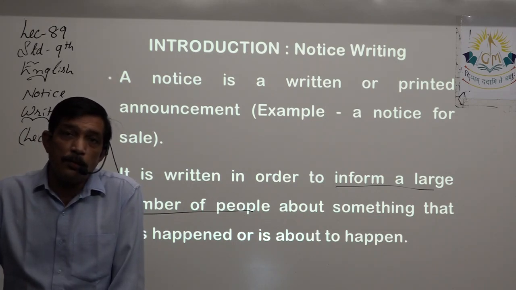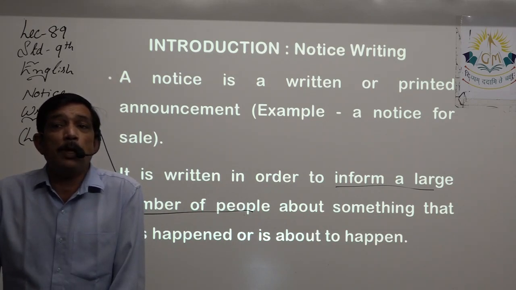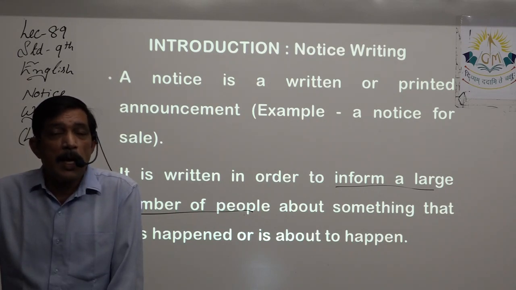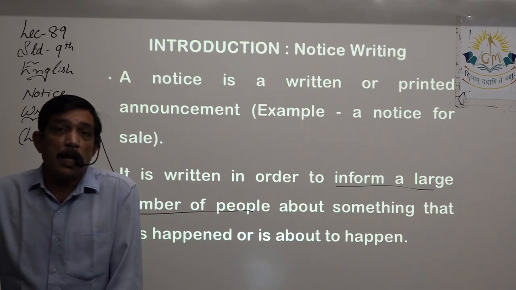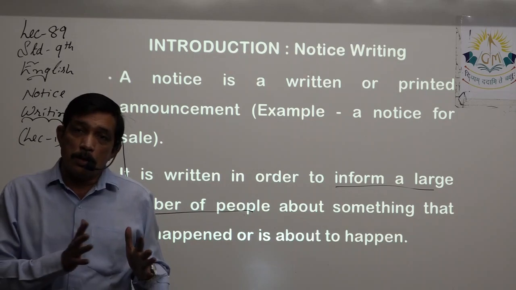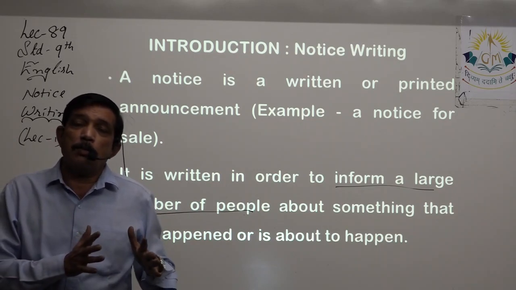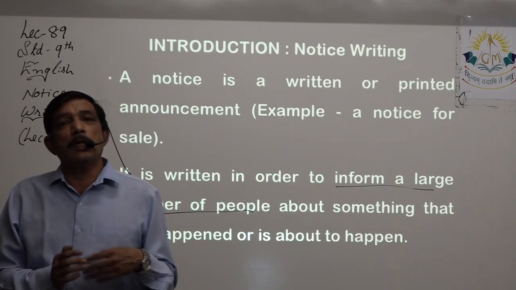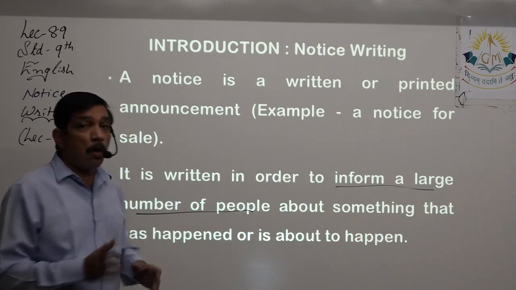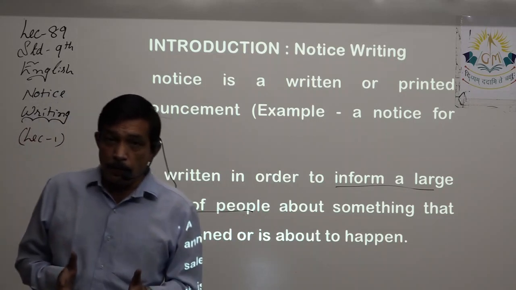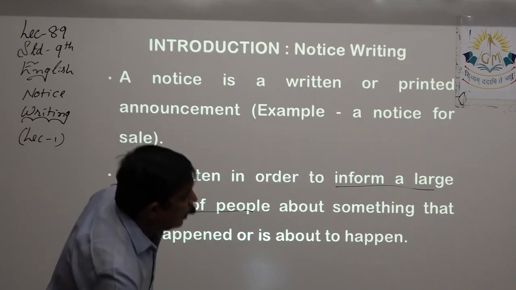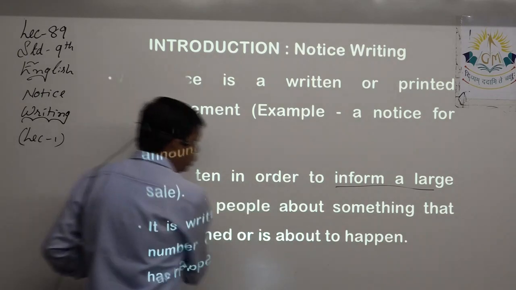Sometimes forms have to be filled up so that they have enough time to think about it, to take the form, fill it and submit it on time, so that they can be part of the game, part of the sports event, or take part in that particular celebration, whatever the event is. So it is written in order to inform a large number of people about something that has already happened or something that is about to happen.